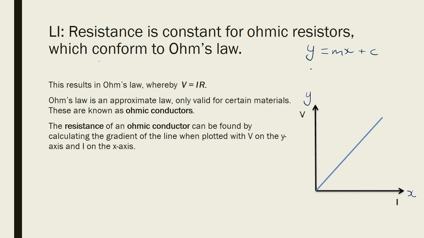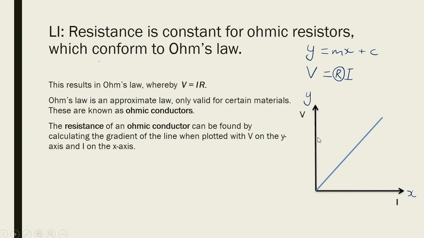Now our y variable is voltage, our x variable is current, our c is 0 because it goes through the origin, and our m is actually our resistance. So we can find the resistance of an ohmic conductor by calculating the gradient of the line when plotting voltage on the y-axis and current on the x-axis.